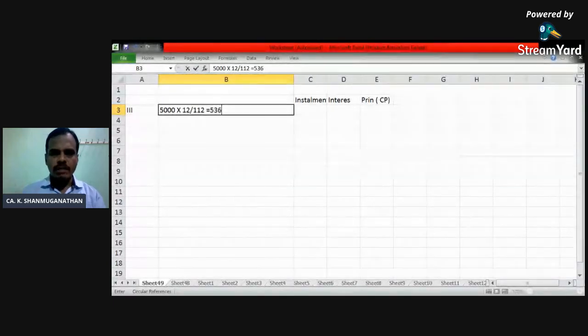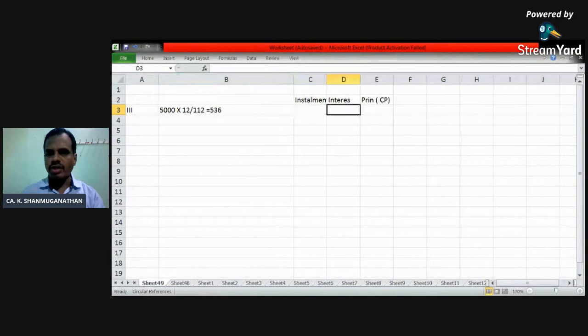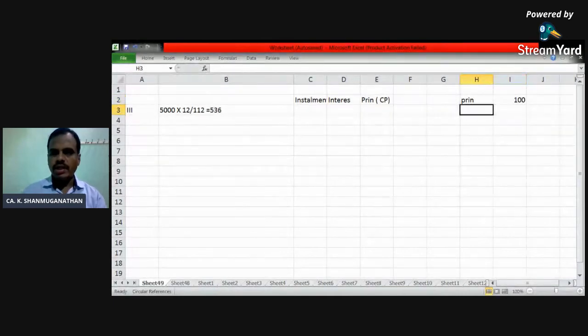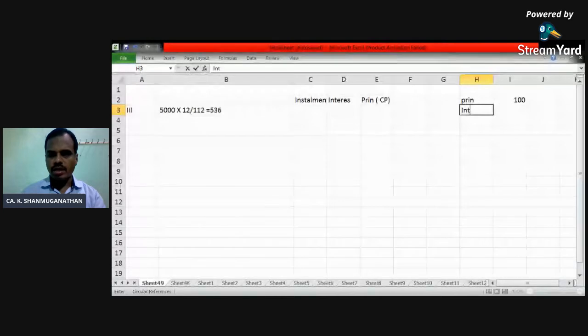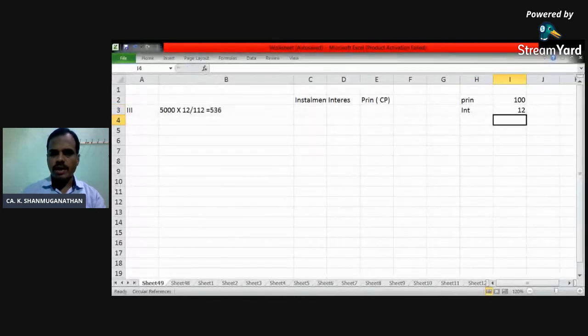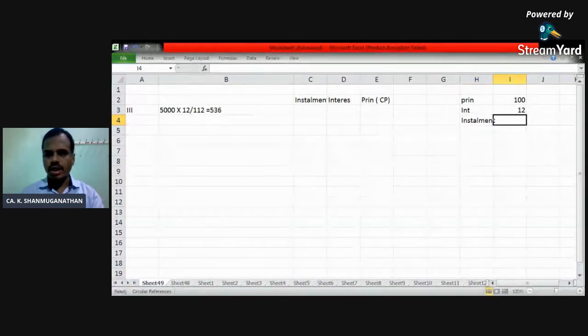So installment is 112. In the margin of your notebook, if you note these three details, it will be very useful for revision also. Let principal be 100, then interest is 12, and what you get as installment is 112. So this is how it works out.